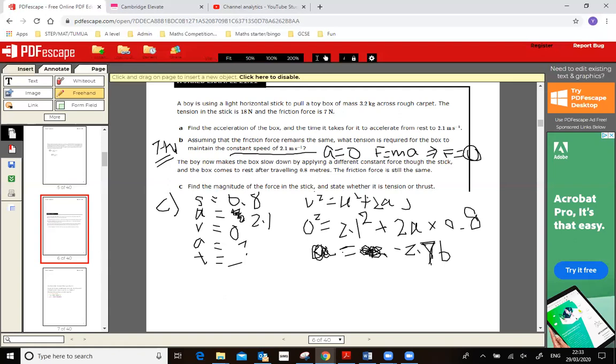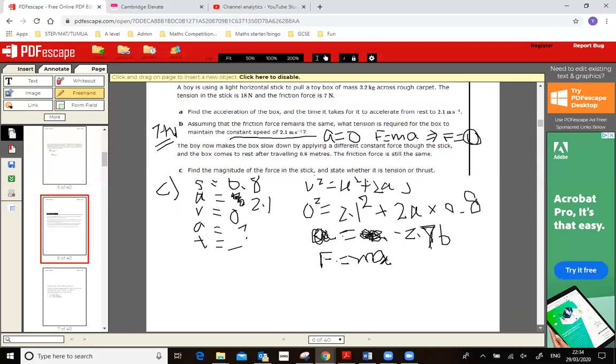Now I know the acceleration, I could put it into F equals ma to work out the force in the stick. So let's write this down. F equals ma. I'm not quite sure what's happening to my pen at the moment. Let's move this down a bit.